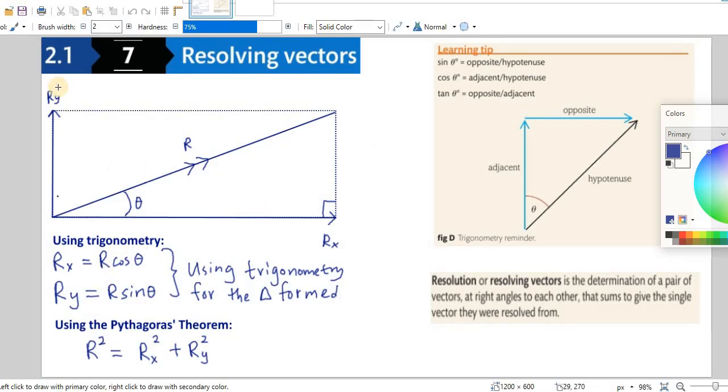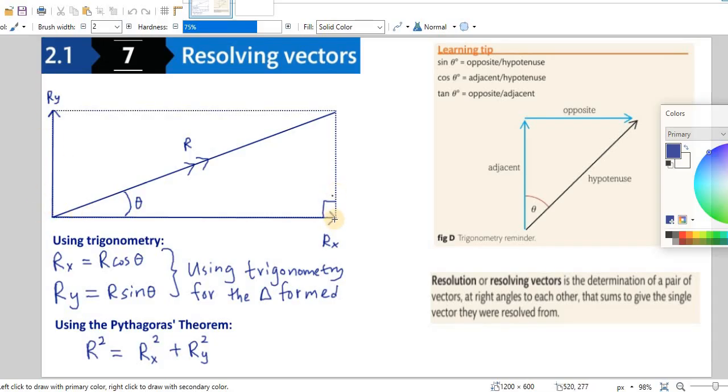Then this side is ry. So you know, we have previously learned that a vector can be shifted from one position to the other as long as the length and the direction of the vector are the same. The length is proportional to the size of the vector. The direction is indicating the direction of the vector. So this vector here can also be drawn like that. Now then we have again this triangle.